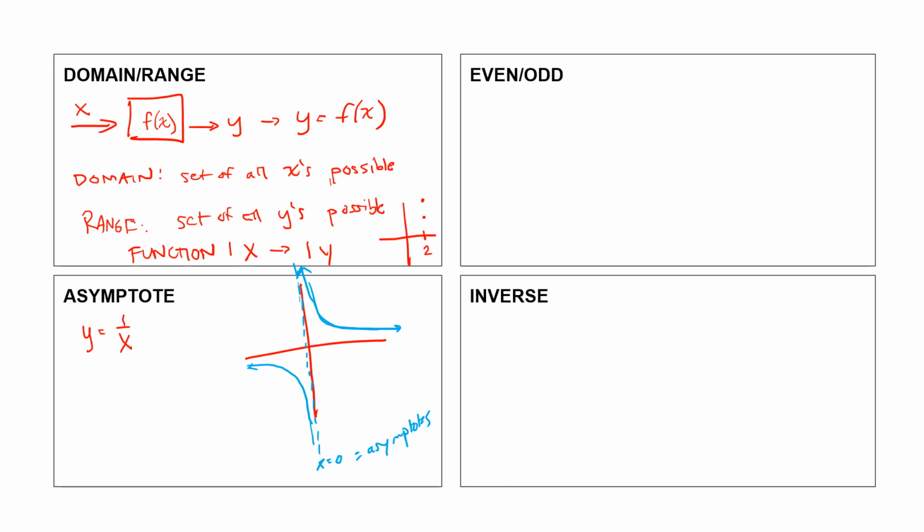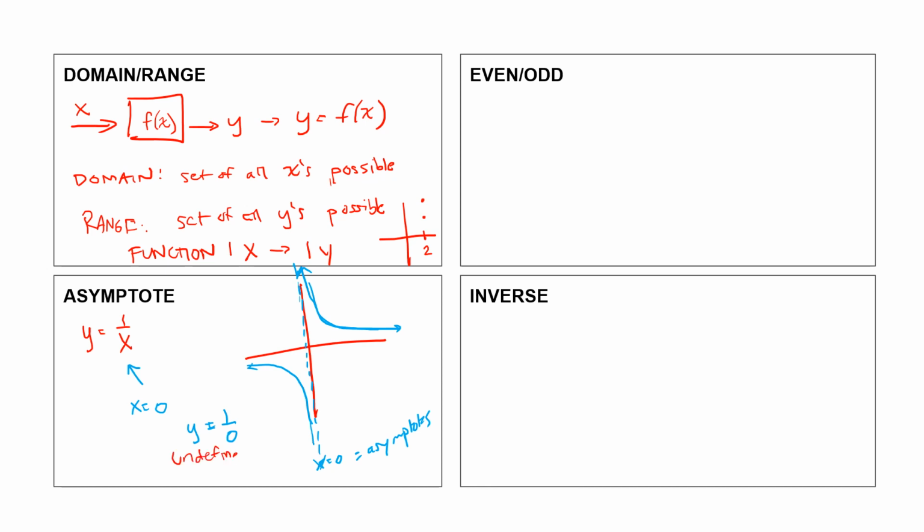Now we can quickly talk about why x equals 0 is an asymptote here. If you plugged in x equals 0, you will get y equals 1 over 0, okay? That is an indeterminate form, right? Or actually, more accurately stated, this is undefined. Okay, so I'll bring back my red pen here. This is undefined.